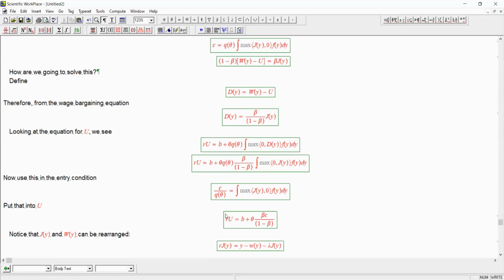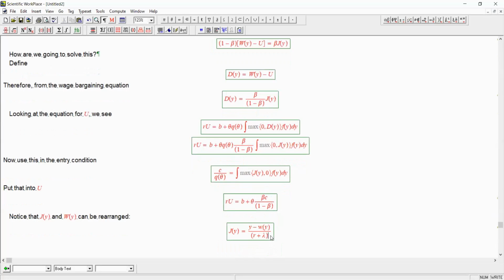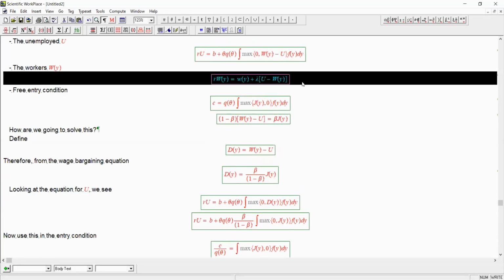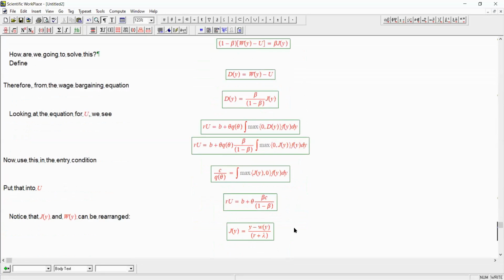you can easily show that this is just r plus lambda times J of y. And so J is just y minus the wage over r plus lambda. And similarly, if we go up here and get the expression for W, we can do something similar.